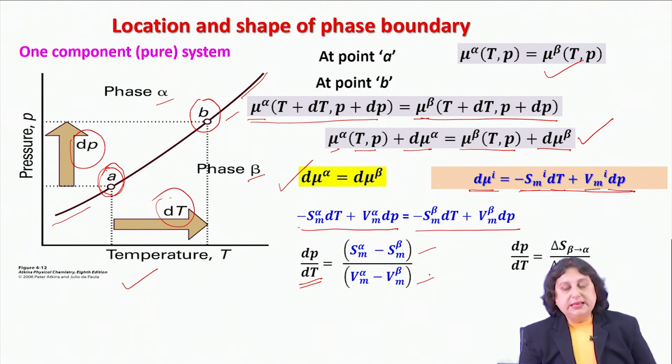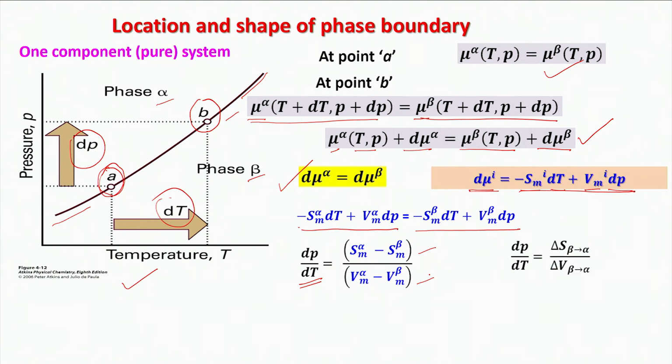And I can now write that dP/dT is equal to delta S as beta goes to alpha divided by delta V as beta goes to alpha.